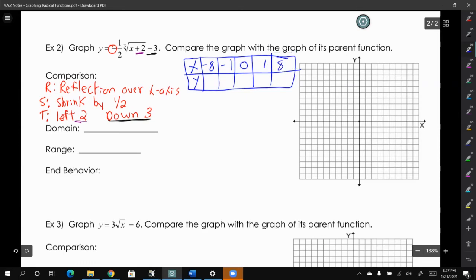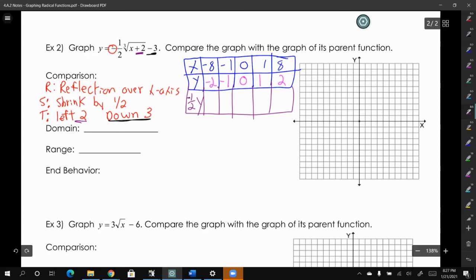And the y values were -2, -1, 0, 1, 2. So then we're going to add that third row, and it's going to be -1/2 y. So we're going to take our y values and multiply them by -1/2.